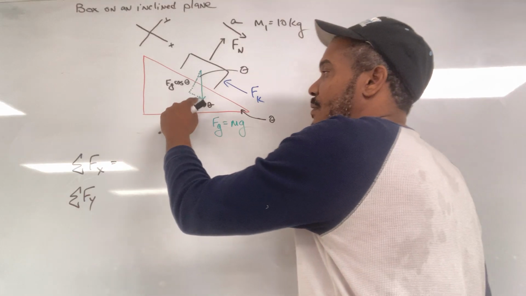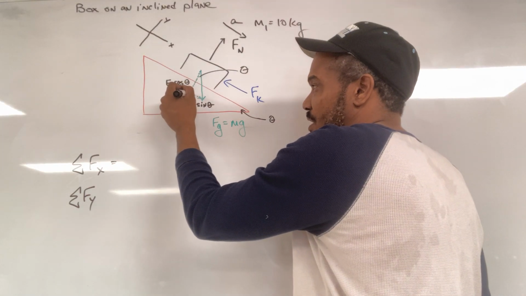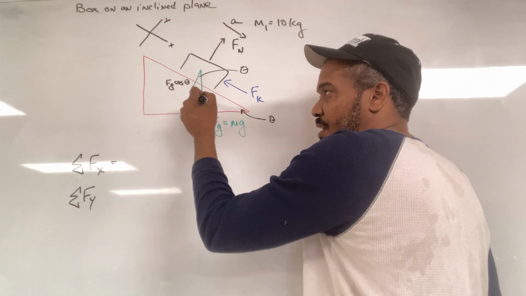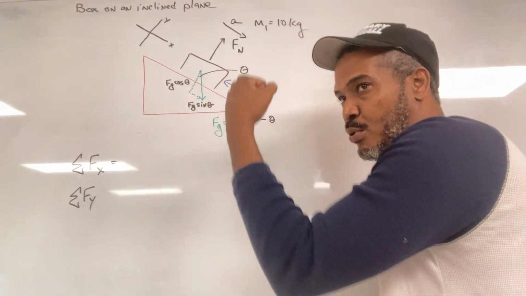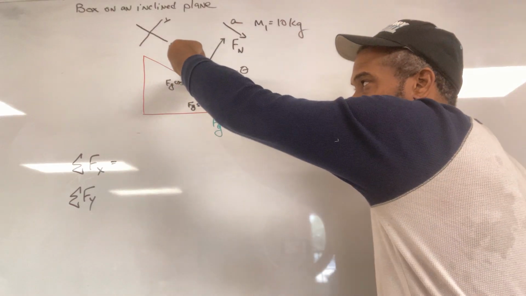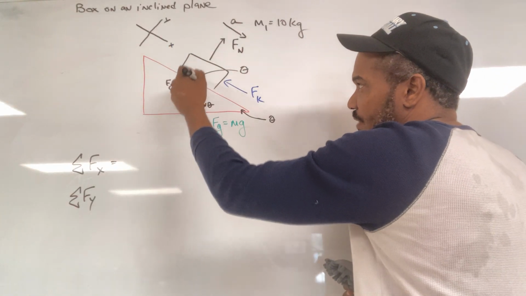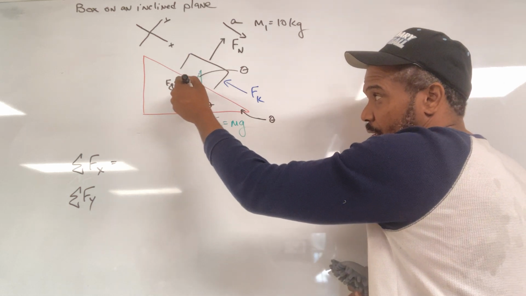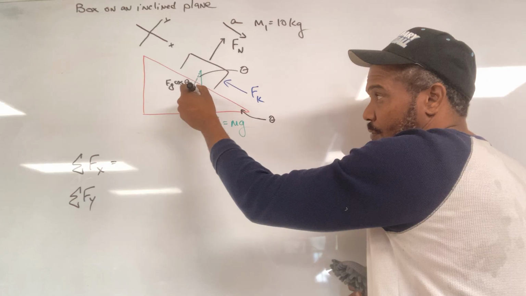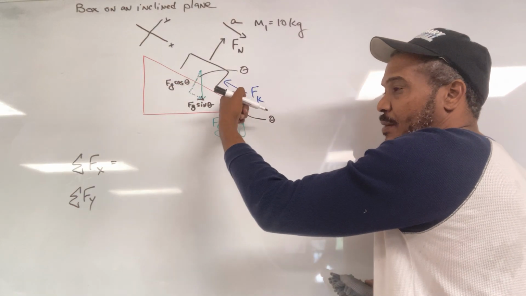But it's this one. This projection is pointing in this direction, right? Because gravity works to do what? Pull the box down the plane. So the projection of that gravity is this, right? So you can actually put an arrow at the end of here. So that projection is what actually opposes the friction.